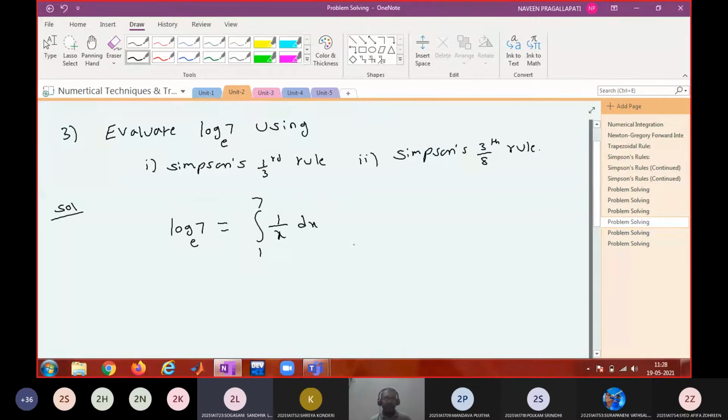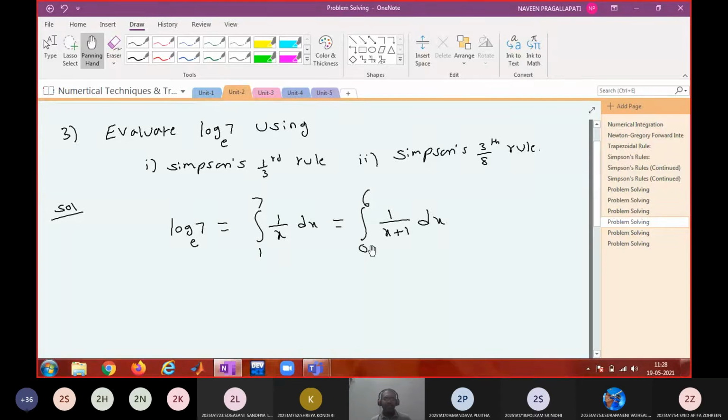Or can I write this as the integral from 0 to 6 of 1 by x plus 1 dx? Can I write like this? Is this fine? Log of x plus 1, upper limit is log 7 minus lower limit log 1.